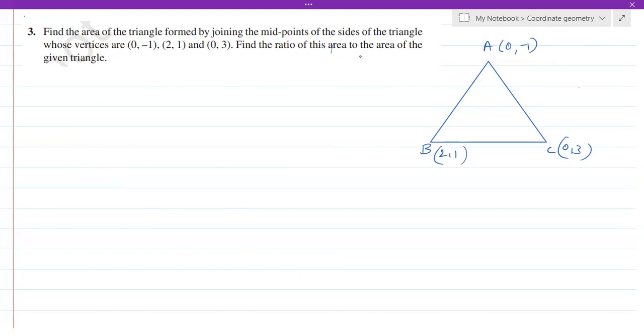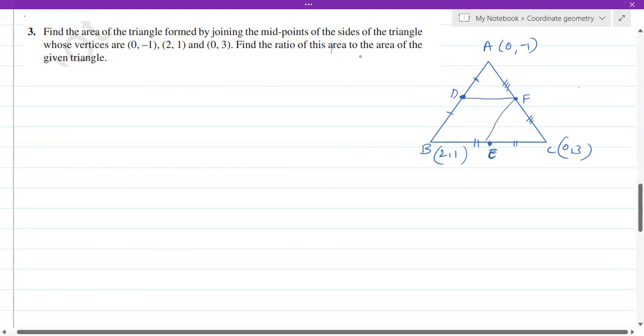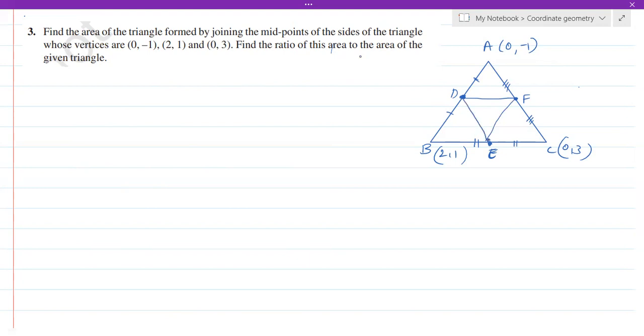Let's take D as the midpoint of AB, E as the midpoint of BC, and F as the midpoint of AC. Now we have to find the area of the triangle formed by joining the midpoints, that is, the area of triangle DEF. Also, we have to find the ratio of the original triangle to the new triangle DEF.